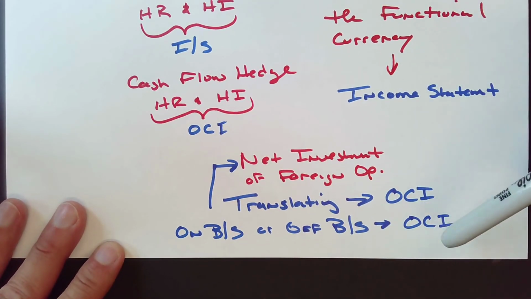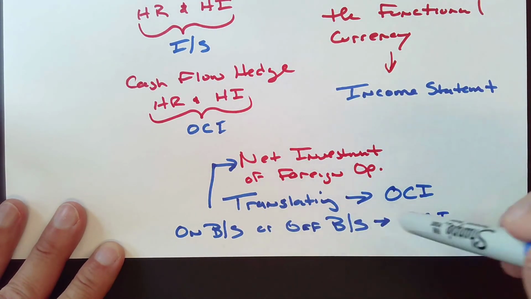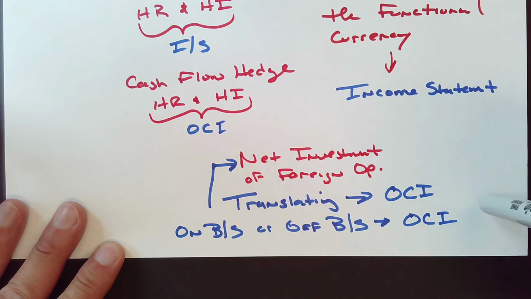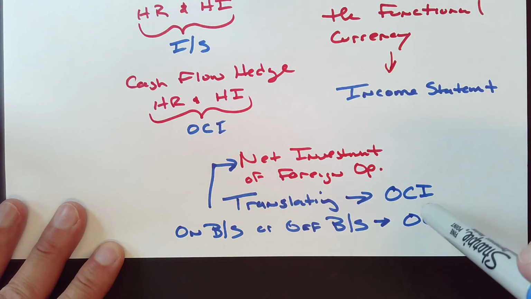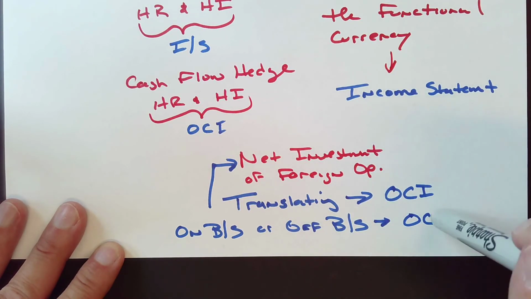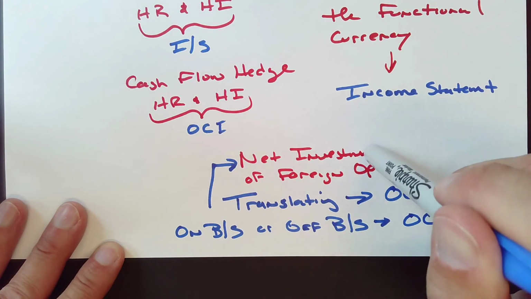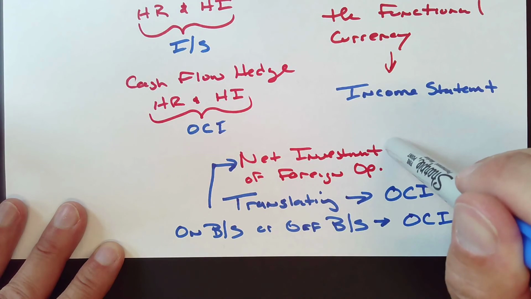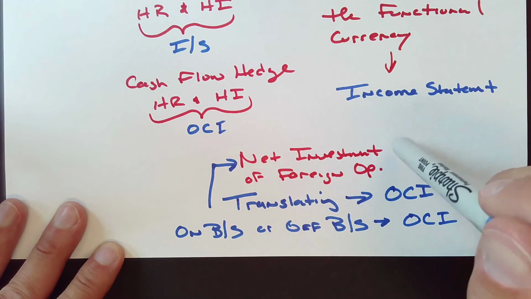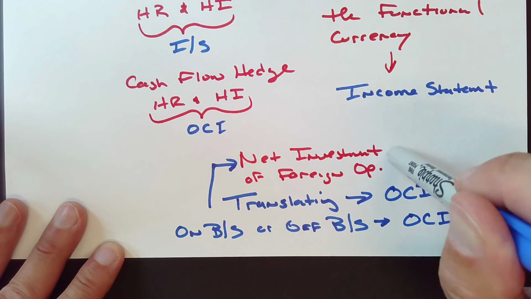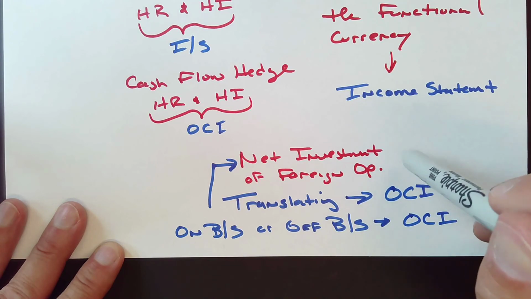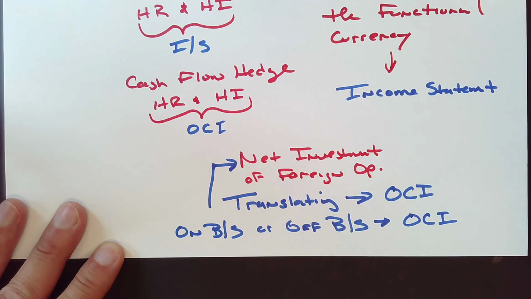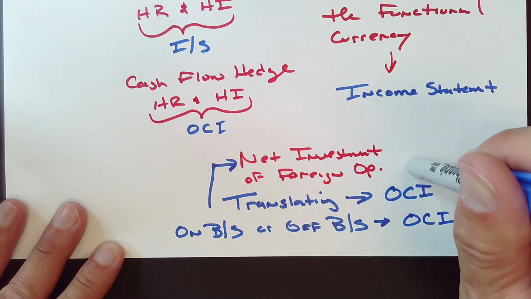The difference is in on balance sheet or off balance sheet, based on my reading of the literature, it looks like everything goes to OCI because it's a translation, because we are translating the net investment in the foreign operation from their functional currency to whatever the reporting currency is.